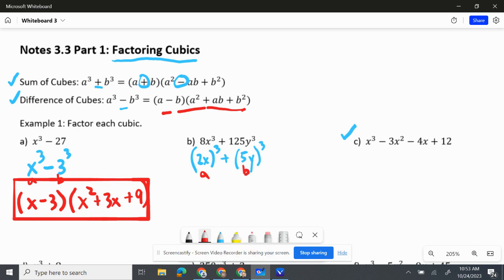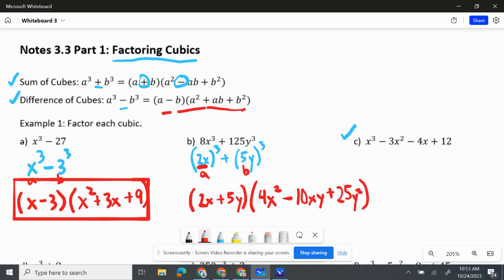So when I write this, what I have is 2x plus 5y, and then I have 4x squared, because a squared would be a times a, so 2x times 2x would give me 4x squared, minus 10xy, because I've multiplied the a and the b. And then I square this, so I get plus 25y squared. And that right there would be my answer.